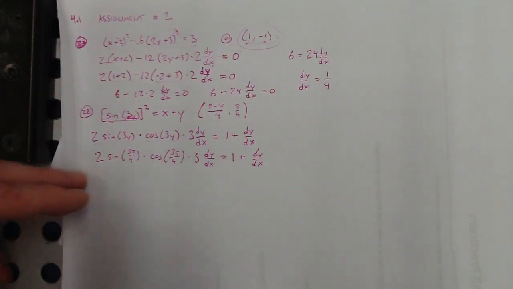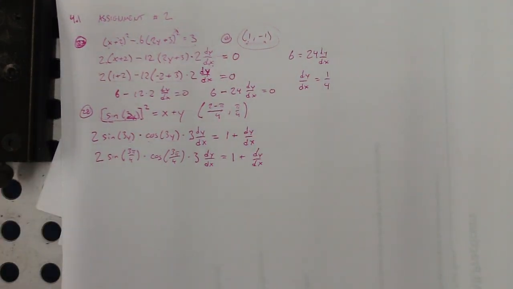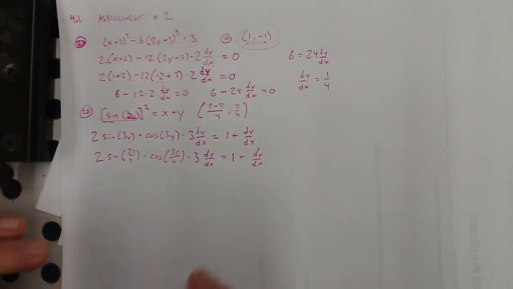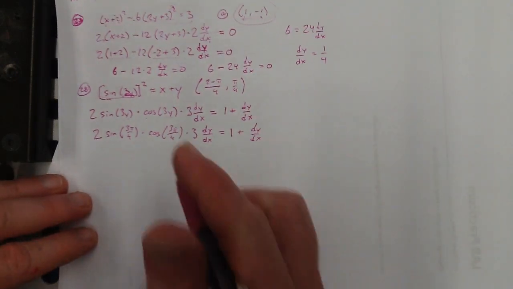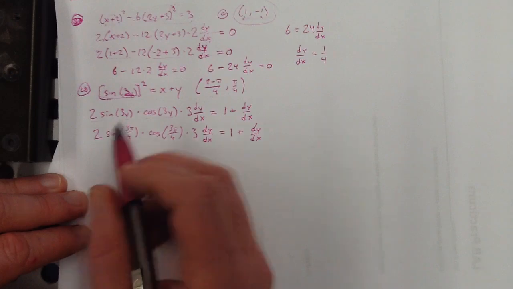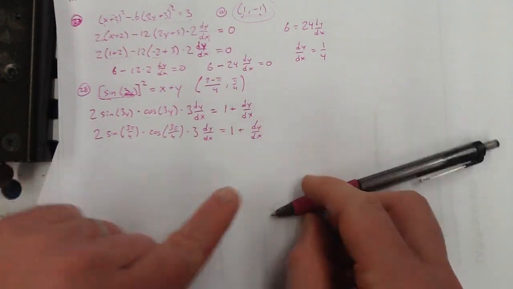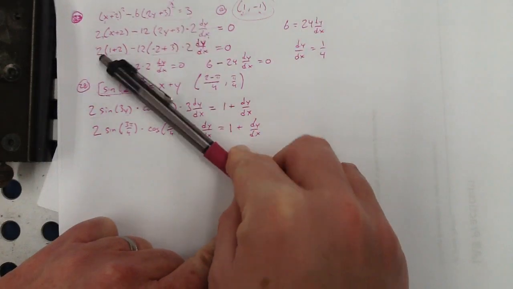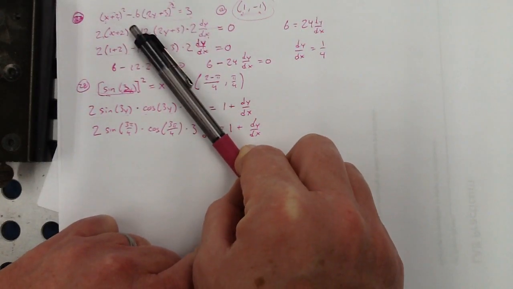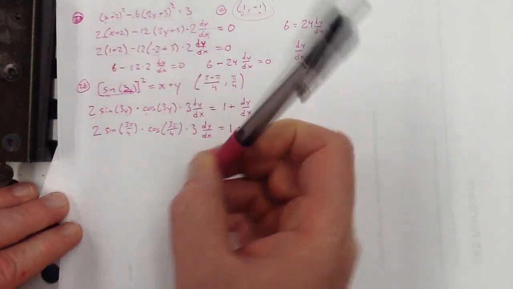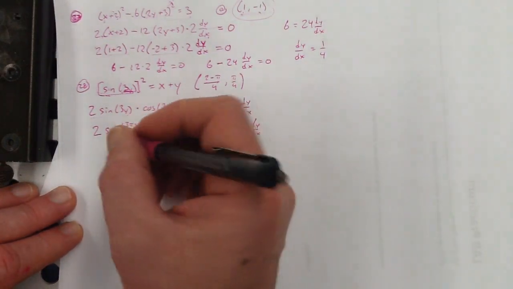So I guess I need to know what the sine and cosine of 3 pi over 4 is. Good thing I took pre-calculus. So the sine of 3 pi over 4, if you're imagining the center of my unit circle, that's here, 3 pi over 4. The sine is the y-coordinate, that's the square root of 2 over 2.